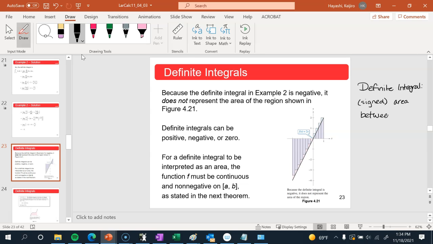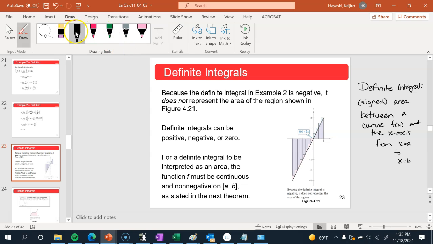The definite integral is the signed area between a curve f of x and the x-axis from x equals a to x equals b.